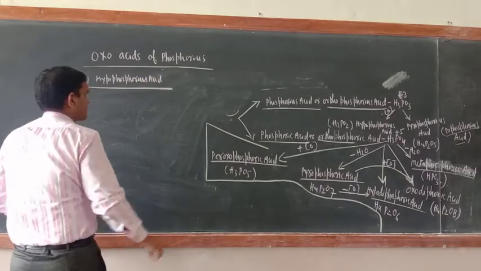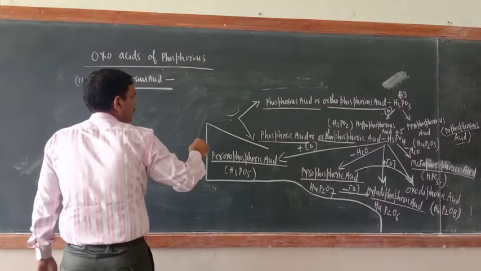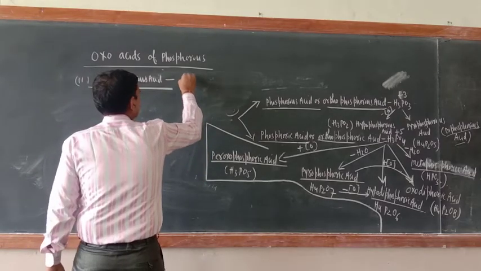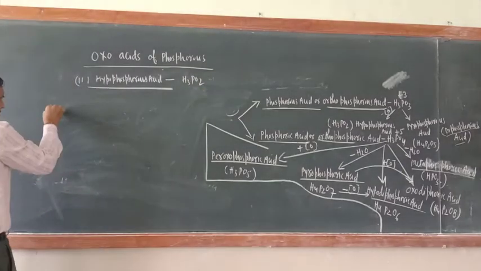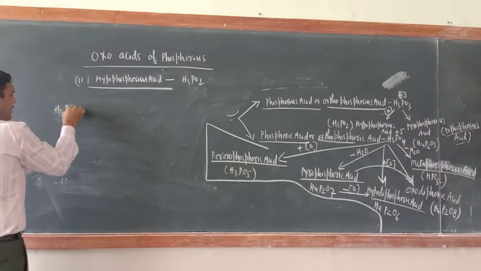Just see the hypophosphorus acid. Molecular formula is H3PO2.